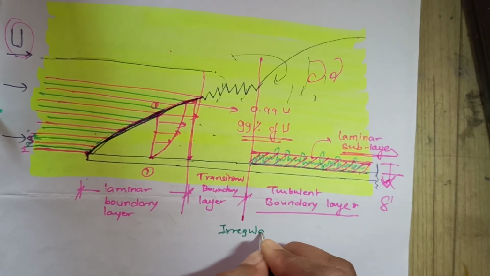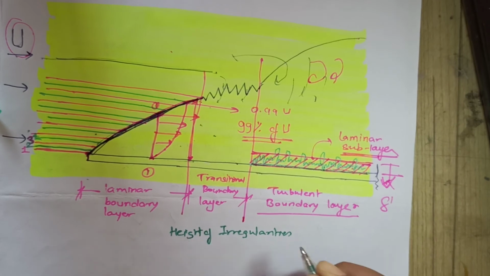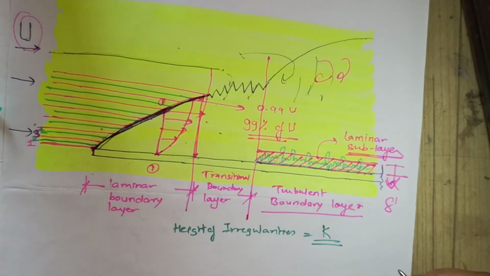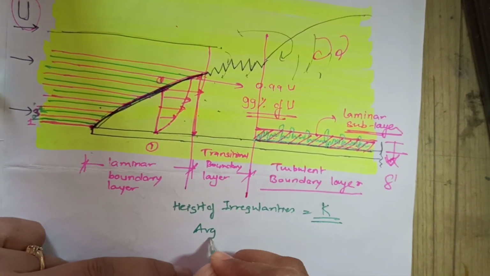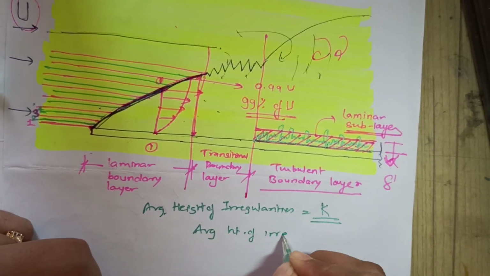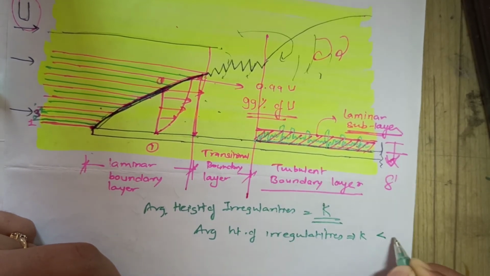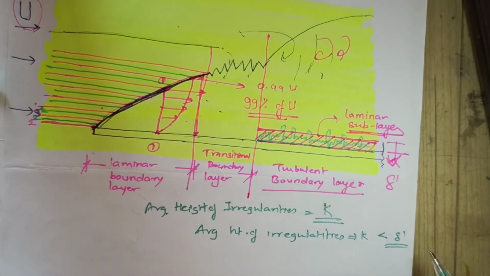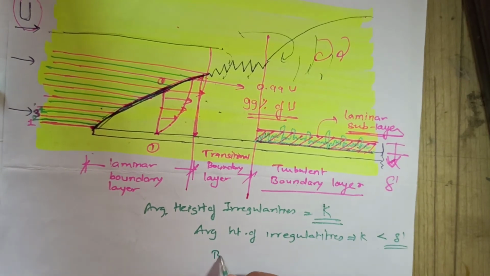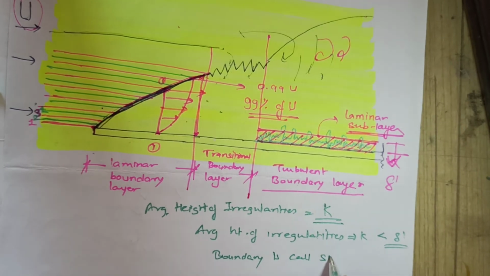Okay, and let the height of these undulations or irregularities in the pipe surface be equal to K. Height of irregularities is equal to K. So if the average height of irregularities K is less than your laminar sublayer height, then the boundary is called smooth.